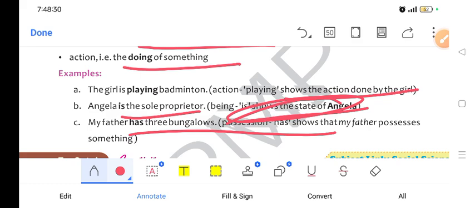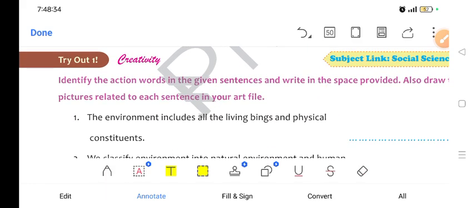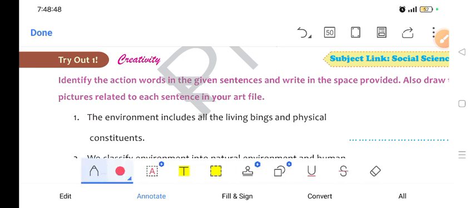Now try out one. Identify the action words in the given sentences and write in the space provided. Also draw the picture related to each sentence in your art file. So the picture you need to draw, you need to do in your art file, not in your English copy. The environment includes. So what is includes? This is a verb. So identify the action words in the given sentences.